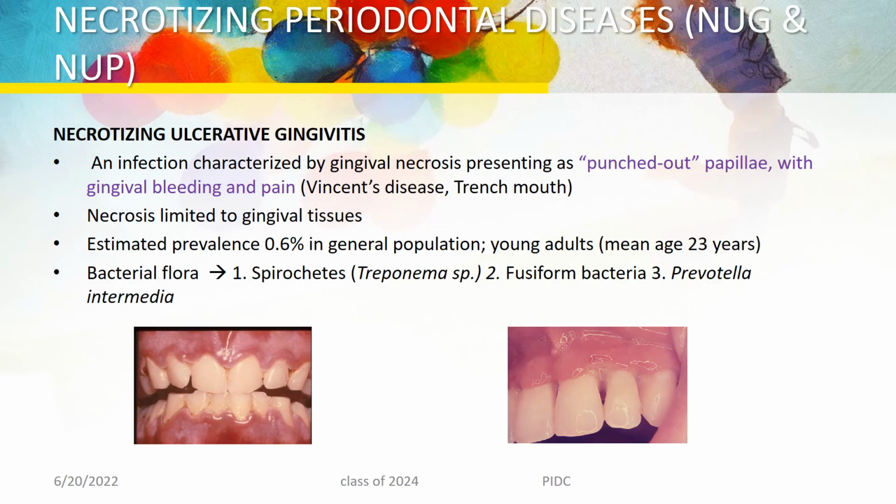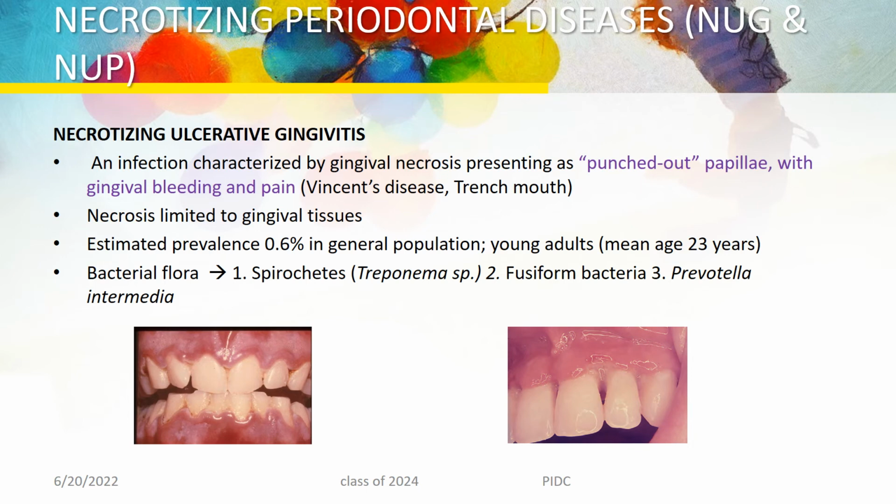Next, coming on to necrotizing periodontal diseases: necrotizing ulcerative gingivitis and necrotizing ulcerative periodontitis. This is an infection characterized by gingival necrosis, with the characteristic punched out papilla, gingival bleeding and pain. It is otherwise known as Vincent's disease and trench mouth disease.